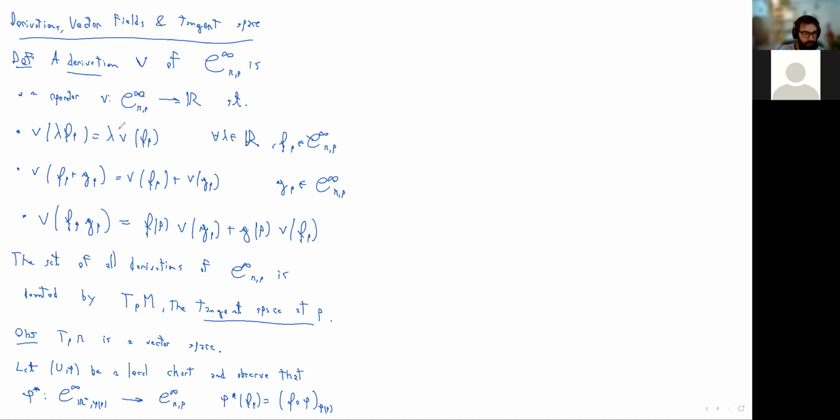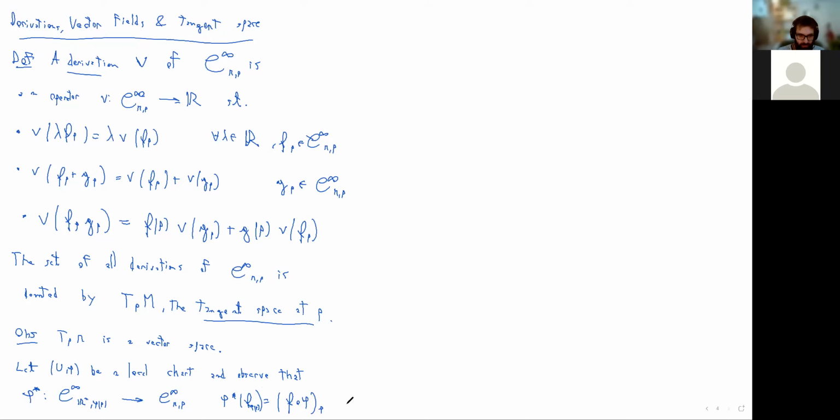No, sorry, my bad. My apologies. The points are all wrong. So this should be an element here. So this is f at phi of p. And this is f composed with phi at p. Okay, so we define it this way. We just pre-compose with phi, and we keep track of the point we're currently about.